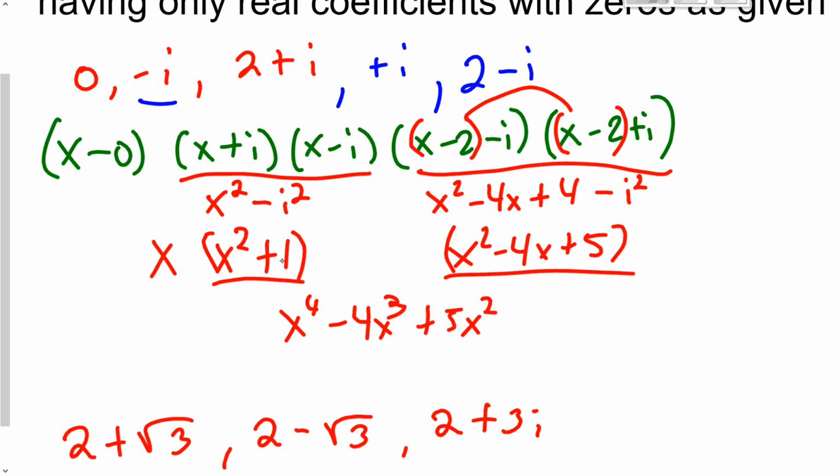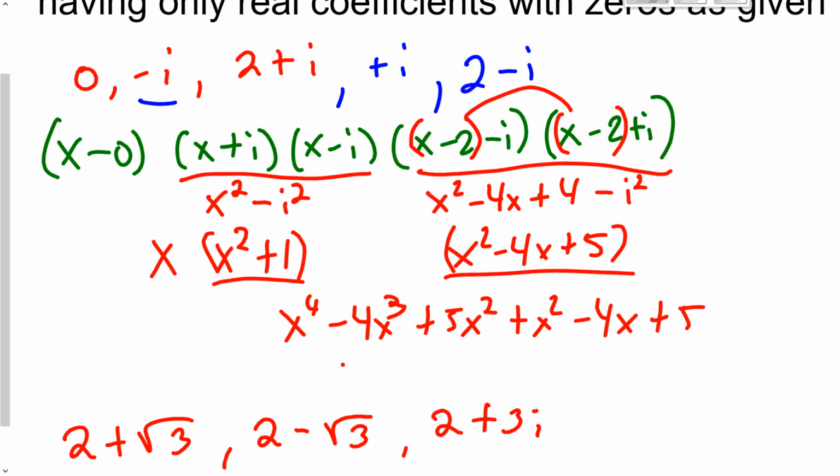And then 1 times x squared is another x squared. 1 times negative 4x is negative 4x. And 1 times 5 is 5. Now I can combine like terms here. All I have to combine is the x squareds.